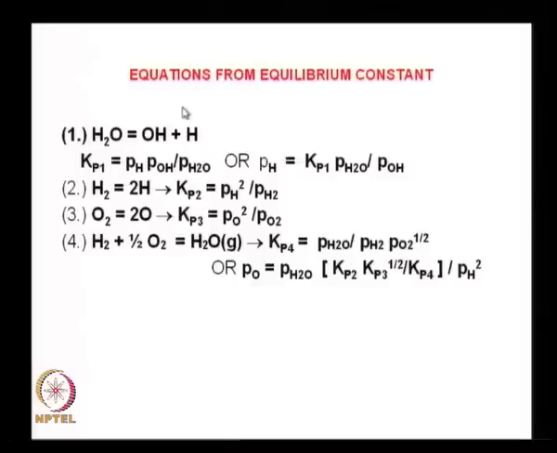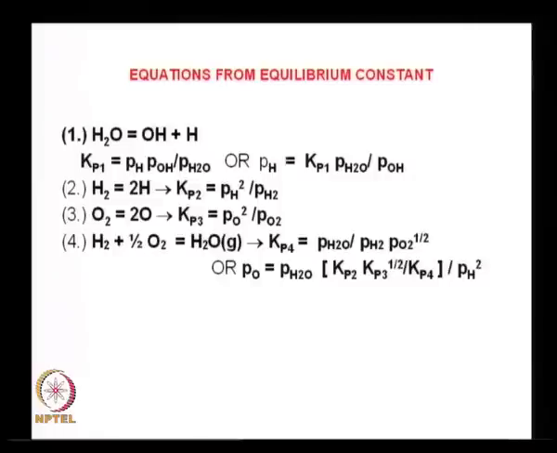In other words, using these 3 equations I am able to get pH in terms of pH2 and POH. I am able to get PO in terms of pH2O and pH squared, and pH I already know in terms of POH. Therefore, instead of having 4 constituents, I reduce them to 2 constituents, namely pH2O and POH. Maybe you all should try it out.